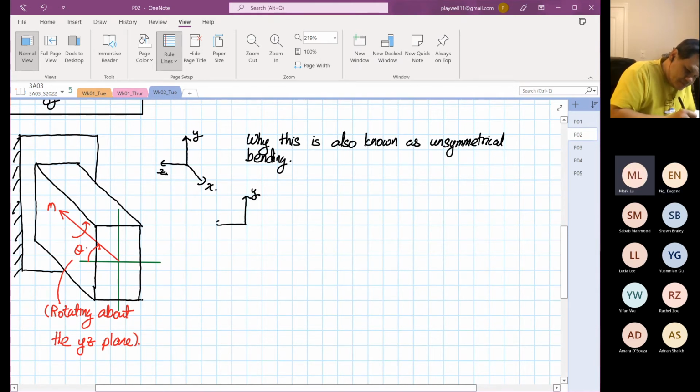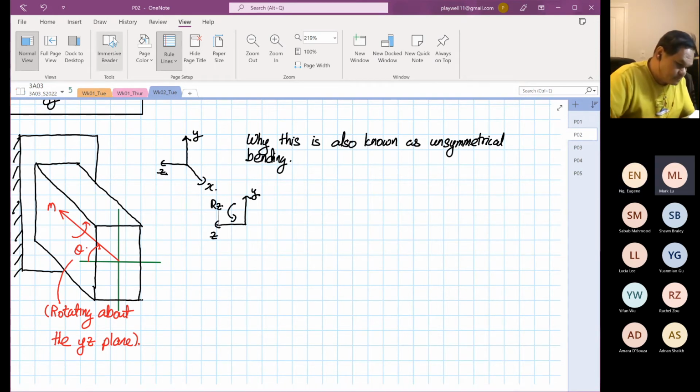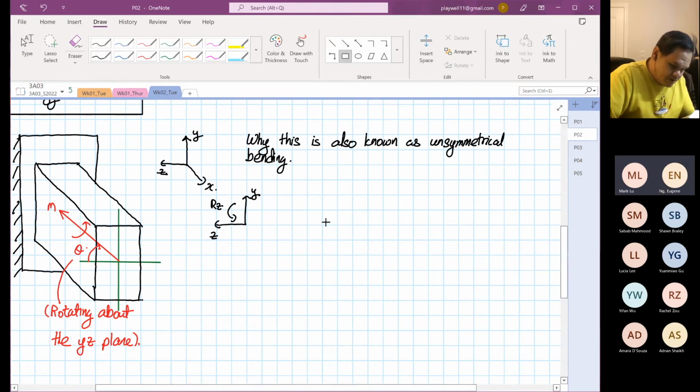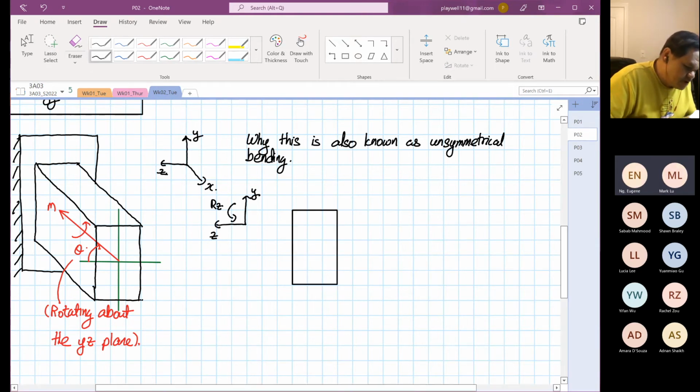Y, Z. This is our rotation X. Then this is a cross section, okay? Okay, so that is our cross section. I will sketch our axis where the centroid is.